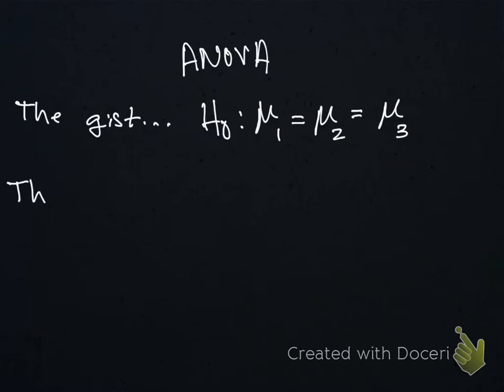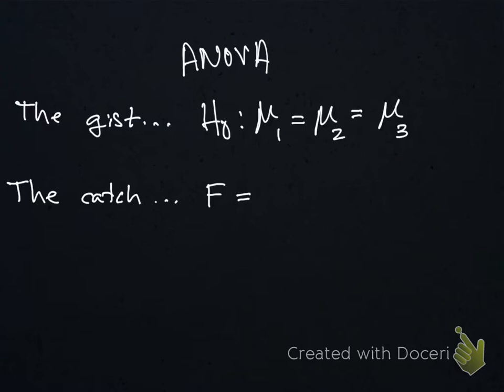The catch with ANOVA, and by catch, I mean what makes it different than the kind of means-difference testing situations we did with our t-tests, is that it uses a different type of test statistic called an F ratio, or an F test statistic, or just F. This is named after Fisher, who invented this test and also gave us alpha equals 0.05. And what makes this test statistic unique and different from what we've seen before is it's a ratio of variability.